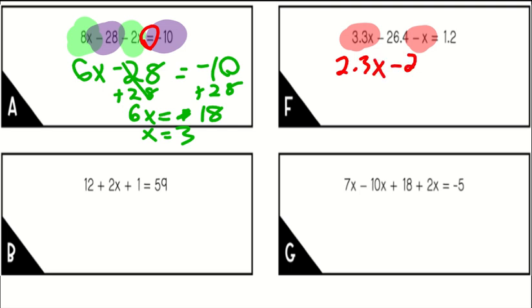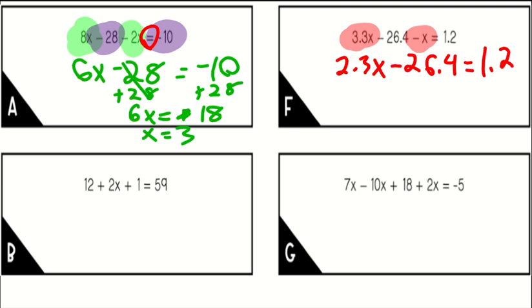And we still got the minus 26.4 equals 1.2. Just like Ryder had said before, they're opposite sides of the equal sign, so we can't combine those constants. Are there problems where you can combine constants? Yeah. You'll do one in just a second.